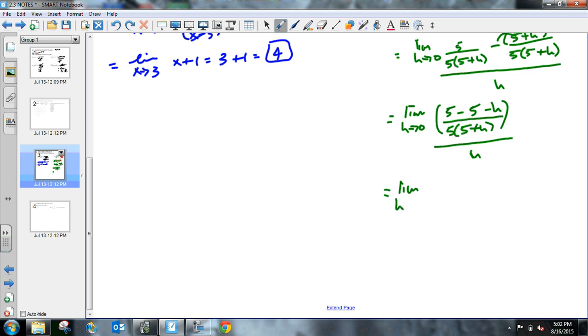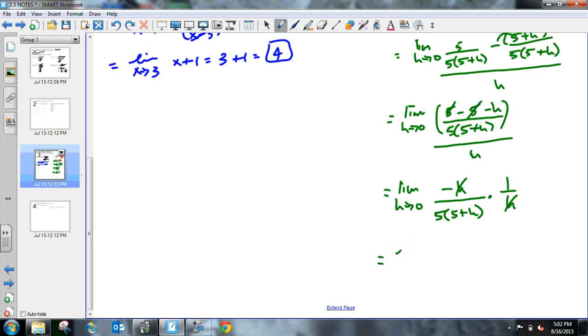So the limit as h approaches 0, and I'm going to do this. The top part, 5 minus 5, cancels out to 0. So I end up just getting negative h divided by 5 times 5 plus h, times 1 over h. Dividing by h, folks, is the same thing as multiplying by its reciprocal, 1 over h. And look what happens here, guys: my h's divide out to 1.